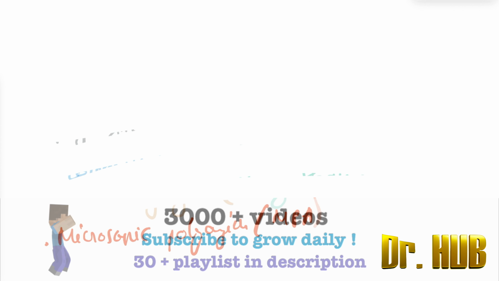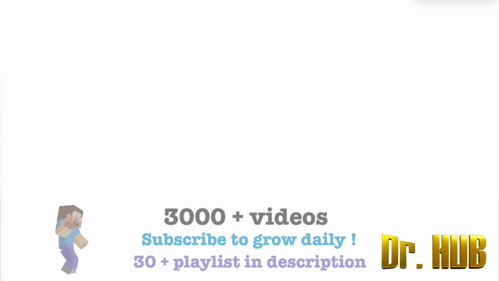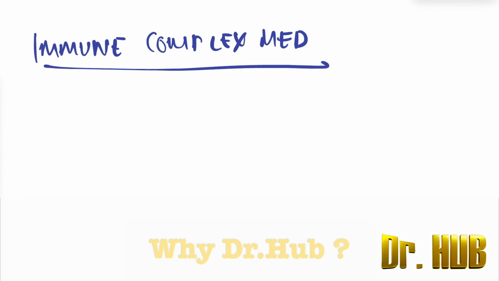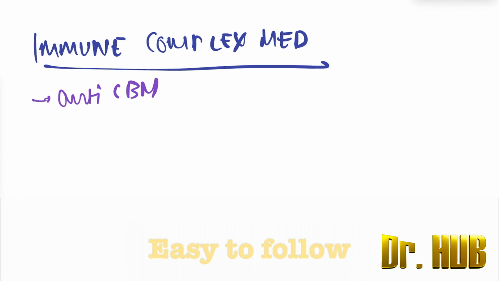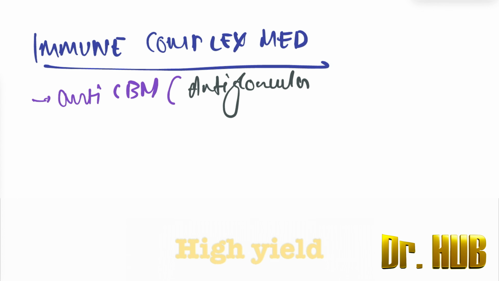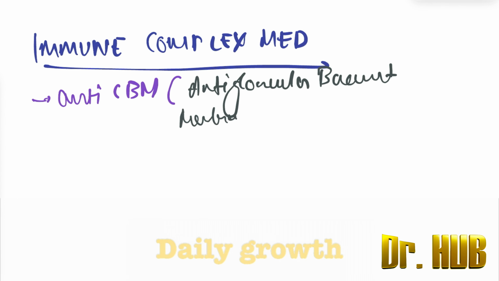After this we are going to look at the immune complex mediated. So what is meant by immune complex mediated? It involves the anti-GBM. Anti-GBM refers to anti-glomerular basement membrane disease.